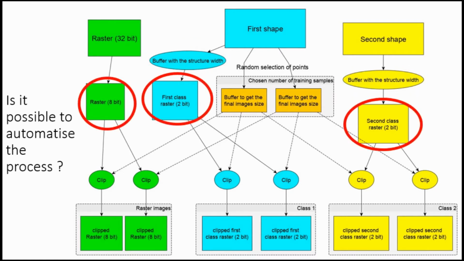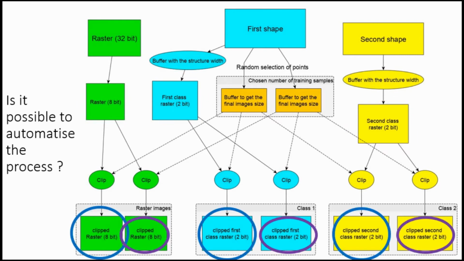In the end, we get 3 images, 8-bit and 2-bits, and we keep all of them with the same buffers of the same extent, which can then be multiplied by the number of training samples we want. With this kind of process, it is extremely easy to create hundreds of training images in a few minutes.